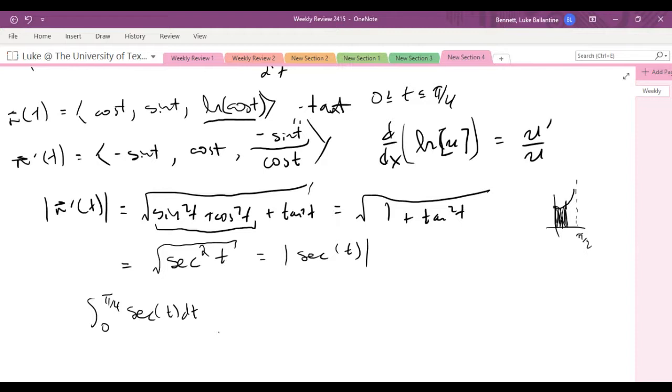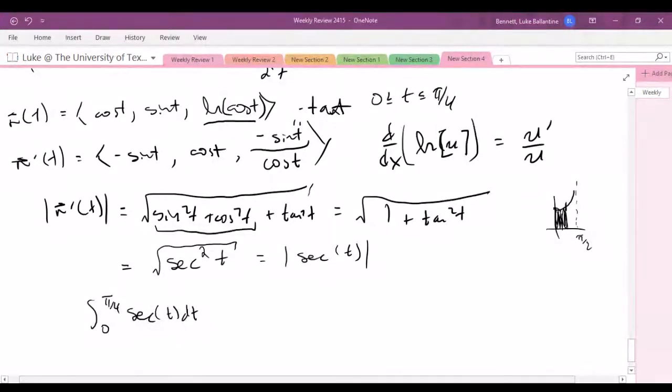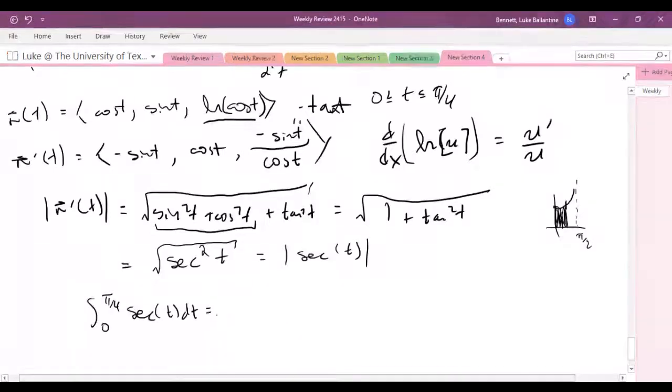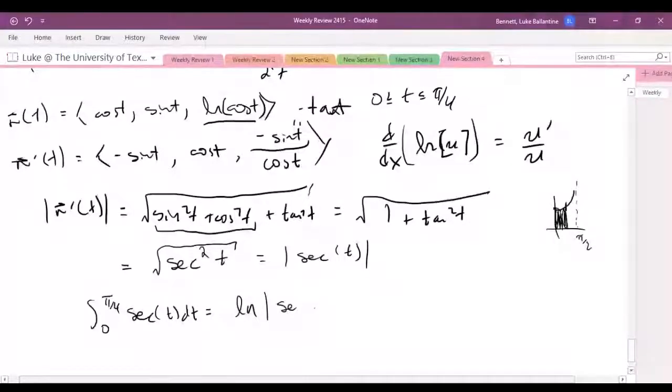Does anybody know? That's it. ln absolute value secant of t plus tangent of t, evaluated from 0 to pi over 4.